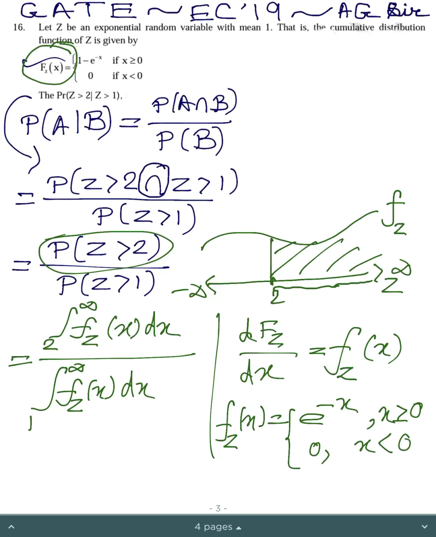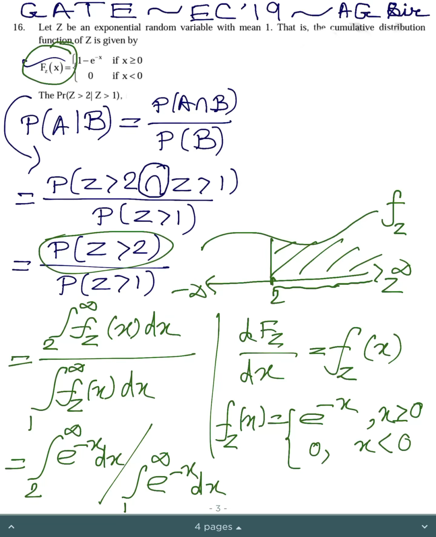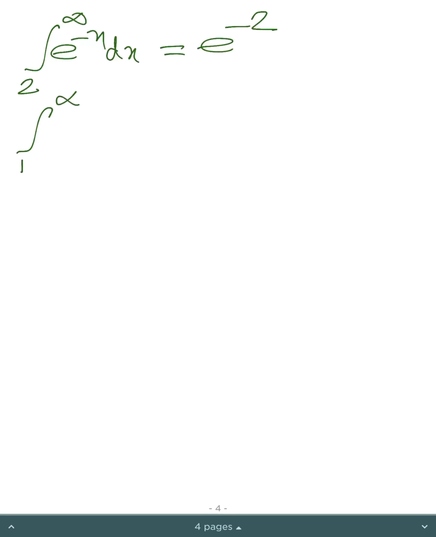Therefore, in this case the expression becomes the integral from 2 to infinity of e power negative x dx, upon the integral from 1 to infinity of e power negative x dx. We have to compute the rest. We all know that the integral from 2 to infinity of e power negative x dx gives us e power negative 2, and the integral from 1 to infinity of e power negative x dx gives us e power negative 1.